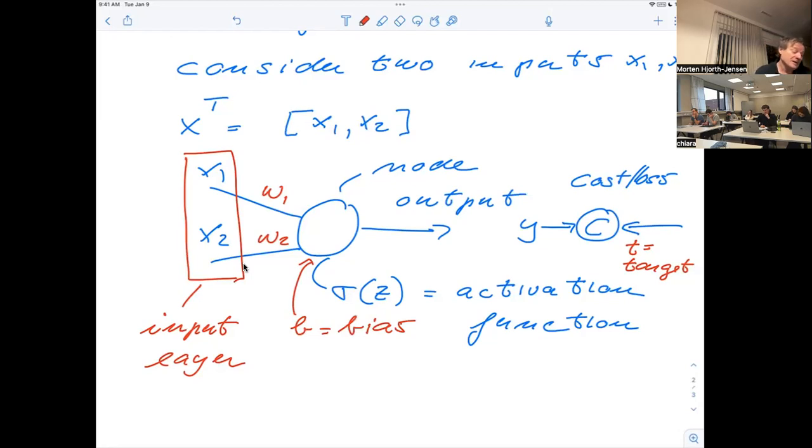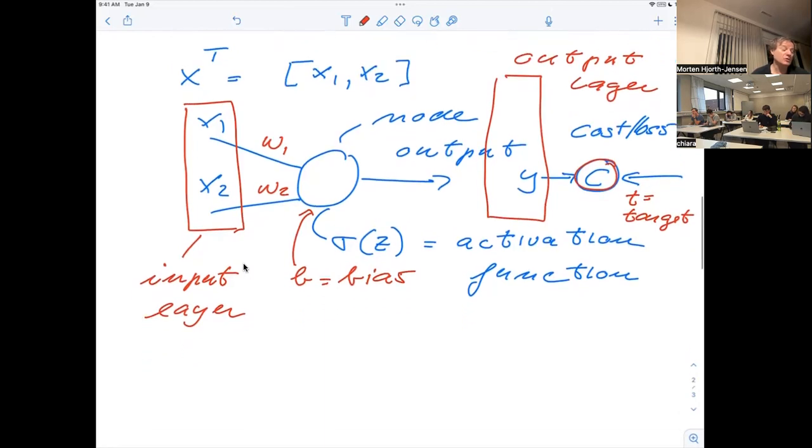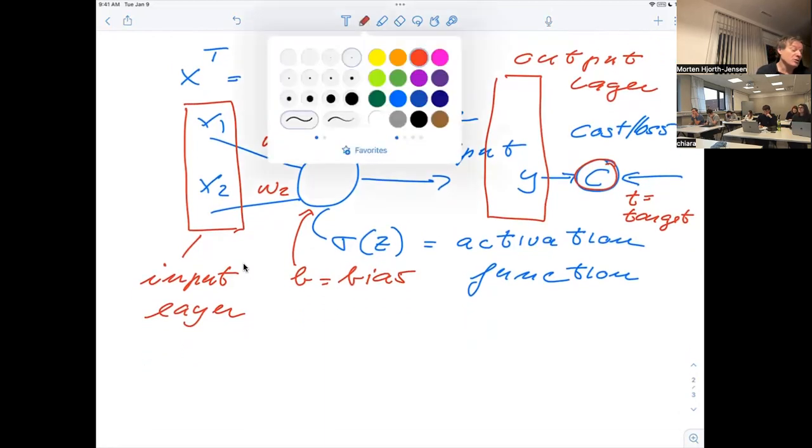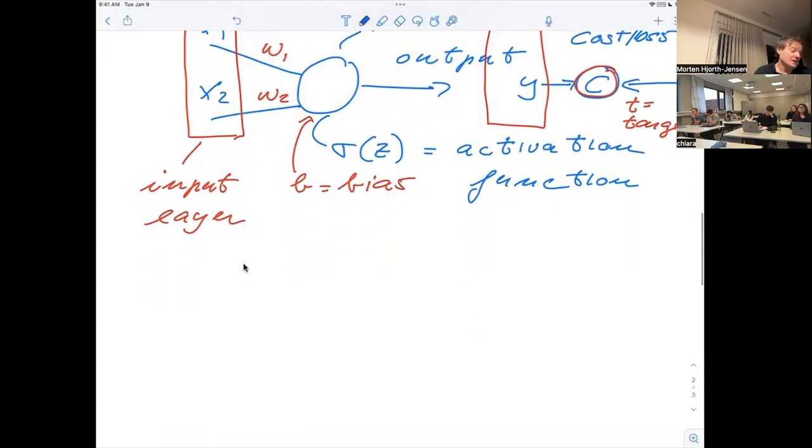So what we have here is something which we are going to call an input layer, and then we have an output layer. And finally, we feed that into the cost function here, where we compare with the results we want to reproduce.